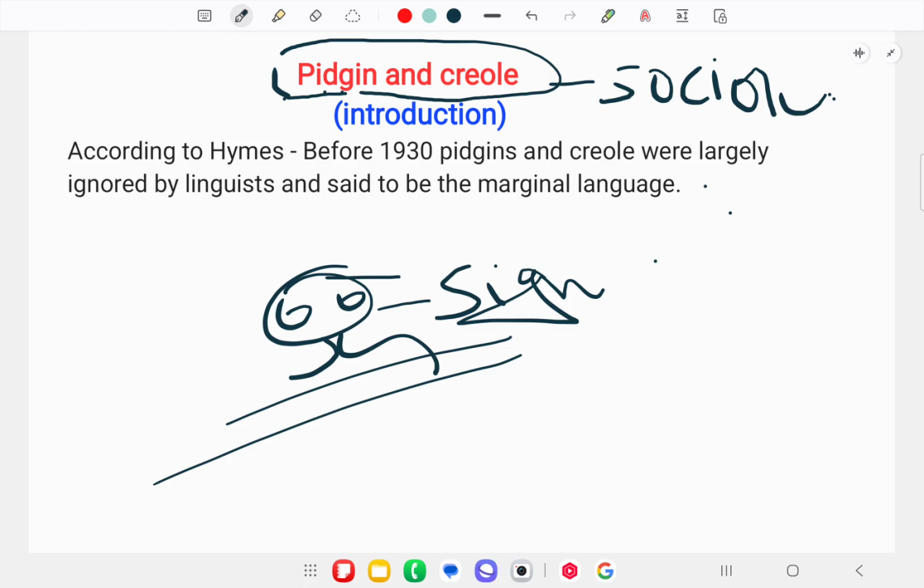But when we talk about the language struggle, we can see that there are many stages for this child, like the cooing stage, the babbling stage, the holophrastic stage. In every stage of his life we can see changes in his language.